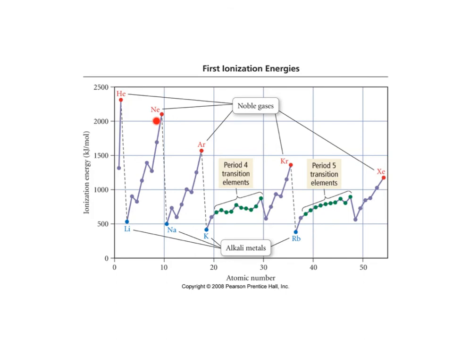This is smaller, this is larger, right? It's decreasing in size going this way. So the smaller it is, the harder it is to pull the electron off it. Therefore, it takes more ionization energy, more energy to remove an electron from neon than anything before it in the same period.